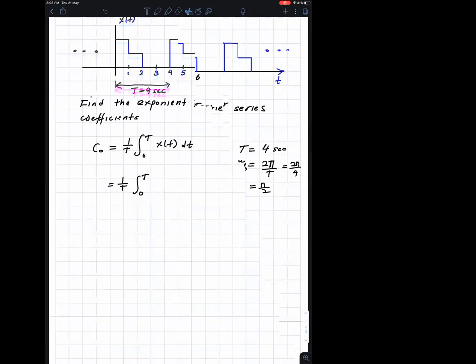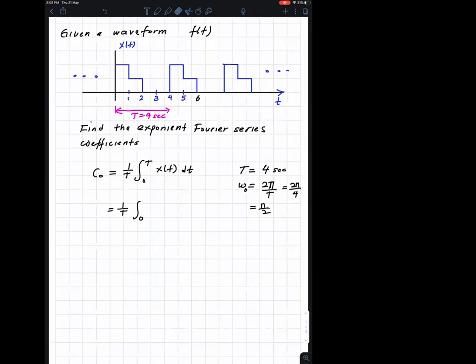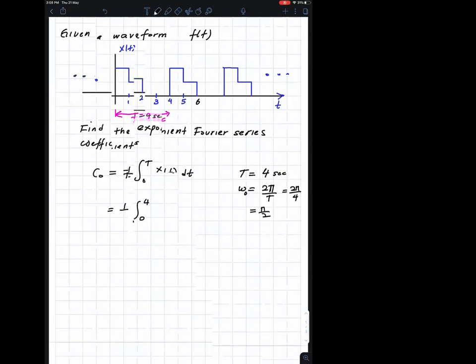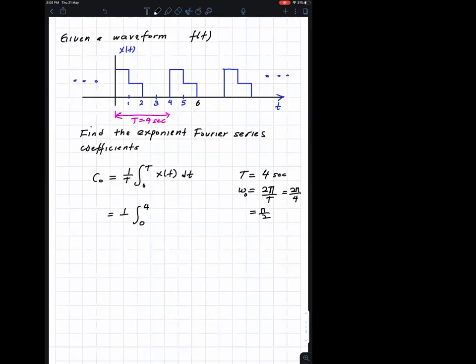Period is 0 to 4. One over T, 0 to 4, 1 over 4, 0 to 4. That's a period.